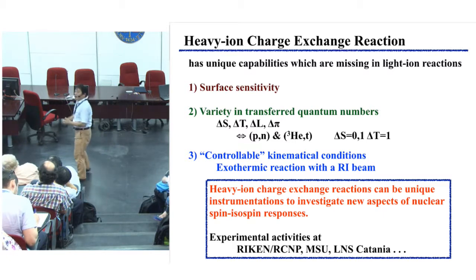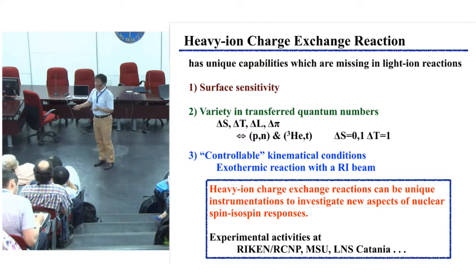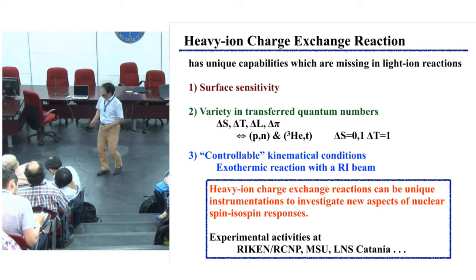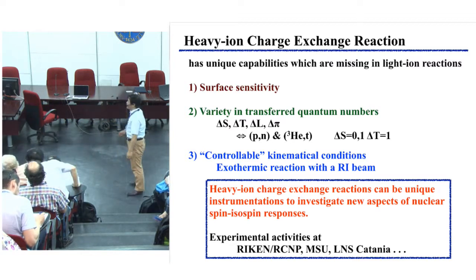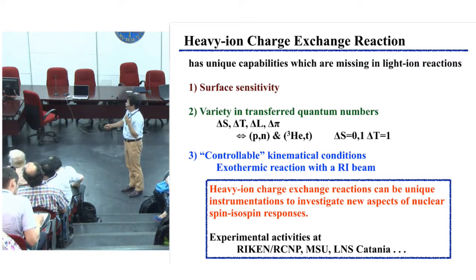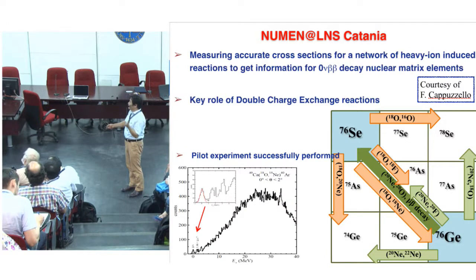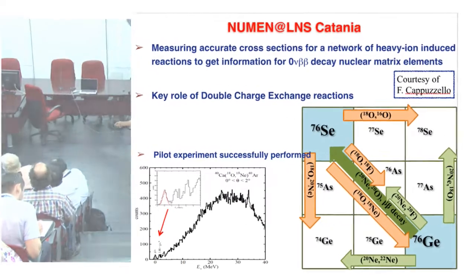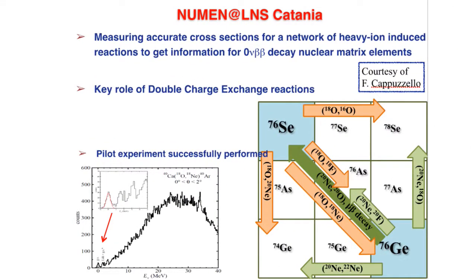I will mainly discuss the activity in Japan, but let me briefly introduce the activity here, which is the project led by Francesco Cappuzzello. They are trying to understand the double beta decay nuclear matrix element through heavy ion charge exchange reaction. And with a magnetic spectrometer, they have already obtained very beautiful data.